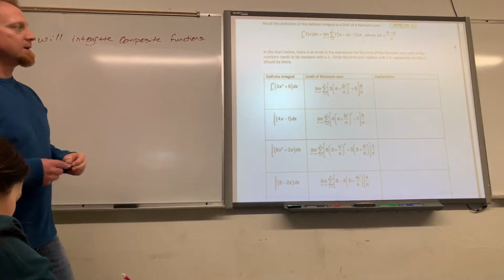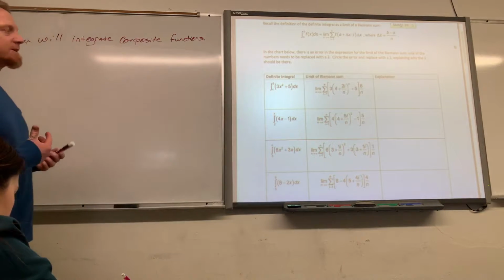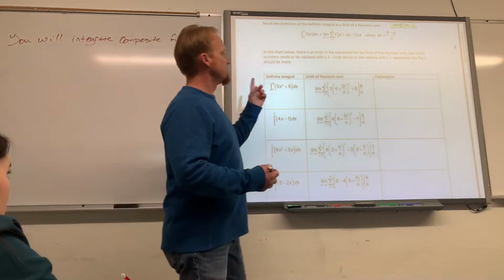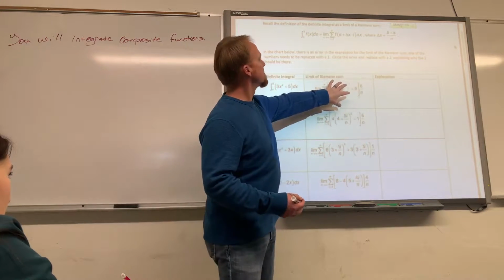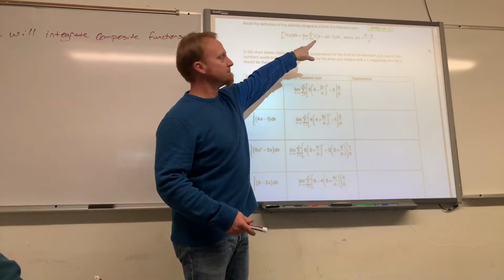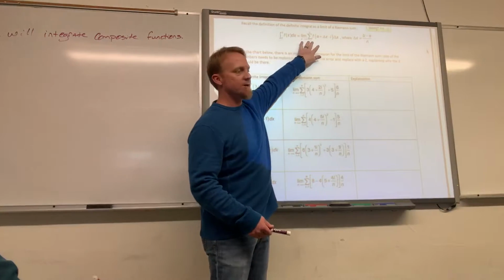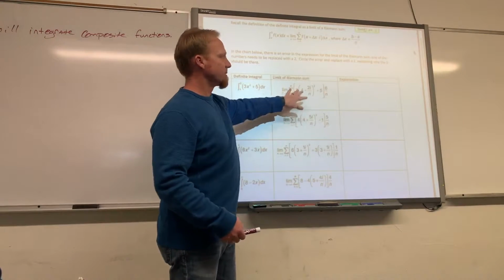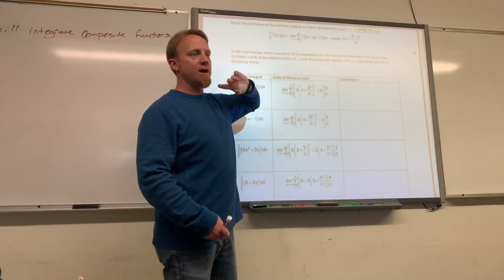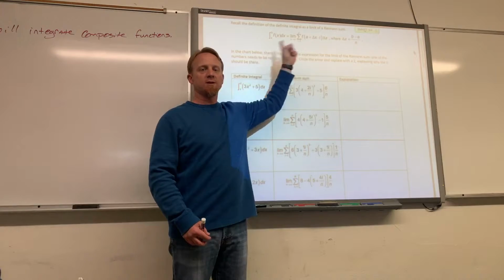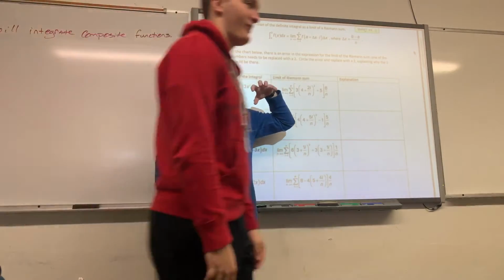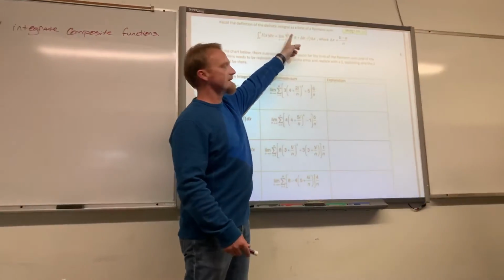What they want you to be able to do is go back and forth: take a definite integral and turn it into a limit of a Riemann sum, or summation notation as we have here, and go back and forth. I want to show you how to transfer back and forth without giving you the reason why it works.